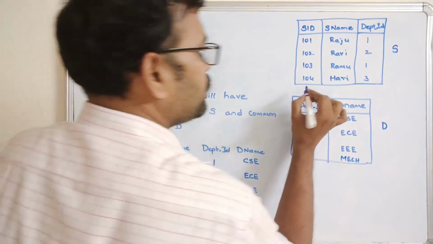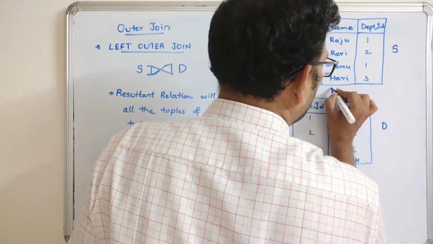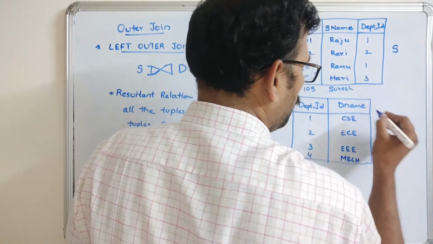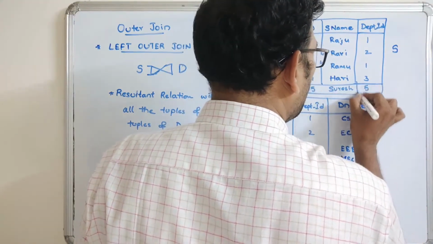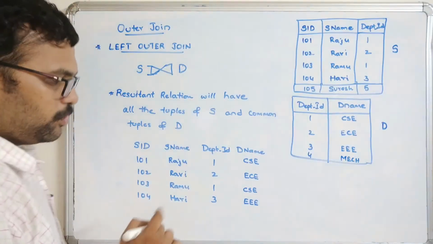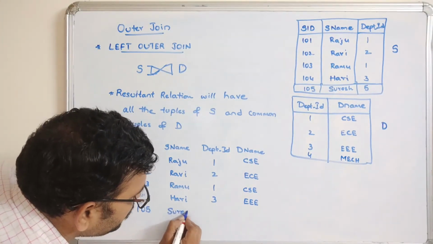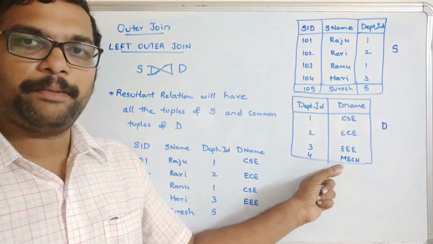If there is one more name, some Suresh with department 5, let us take this one. So consider one more, 105, Suresh with department 5, but there are no details in the department table.